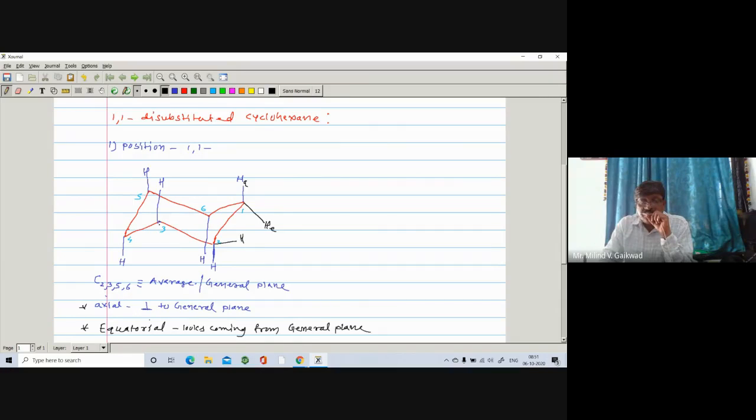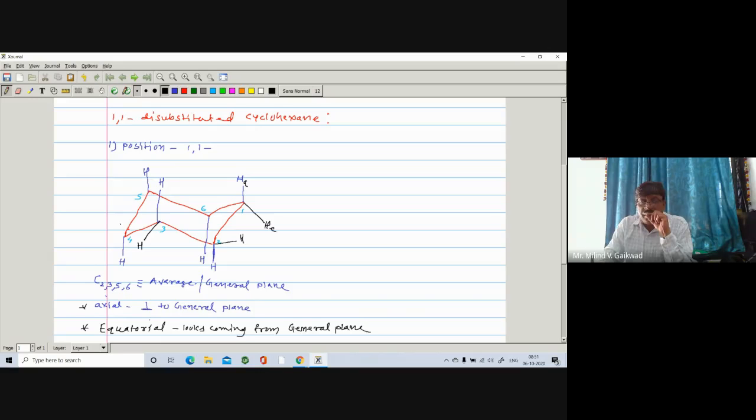The bond C3 C4 is the adjacent bond, and next to that one is C4 C5. So you have to draw a line parallel to C4 C5. So it is equatorial. Similarly, on carbon number 4, the axial hydrogen is down the plane.